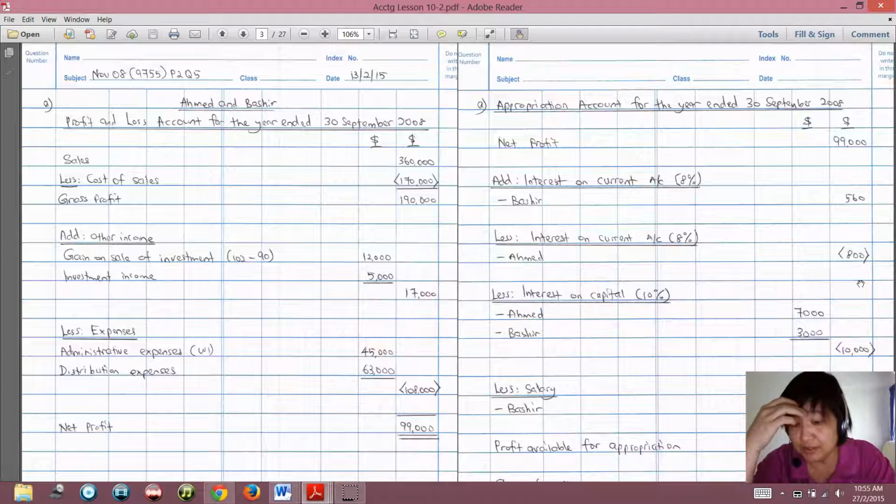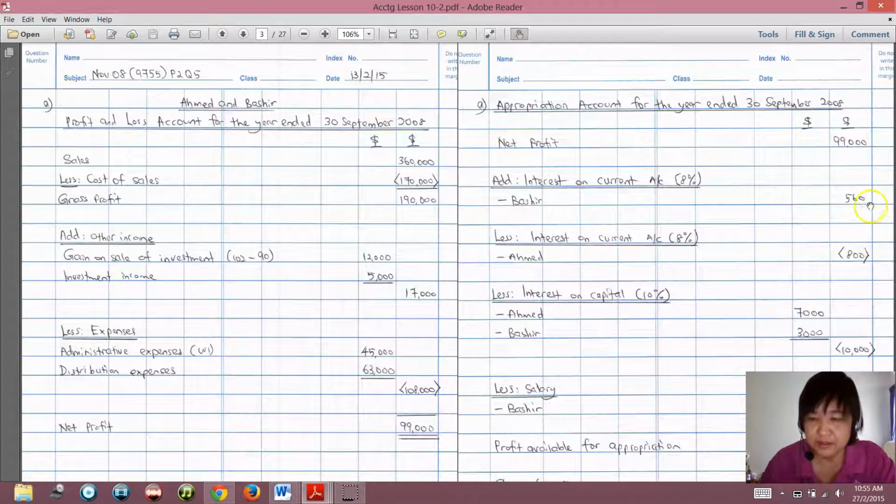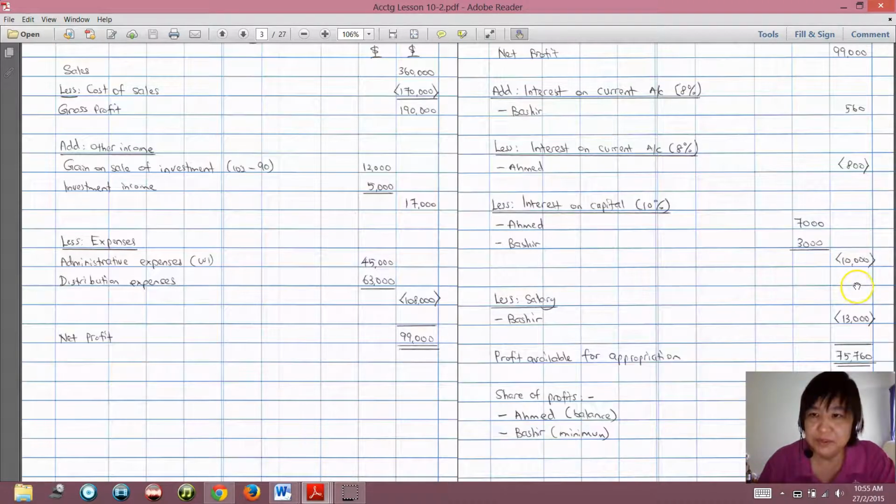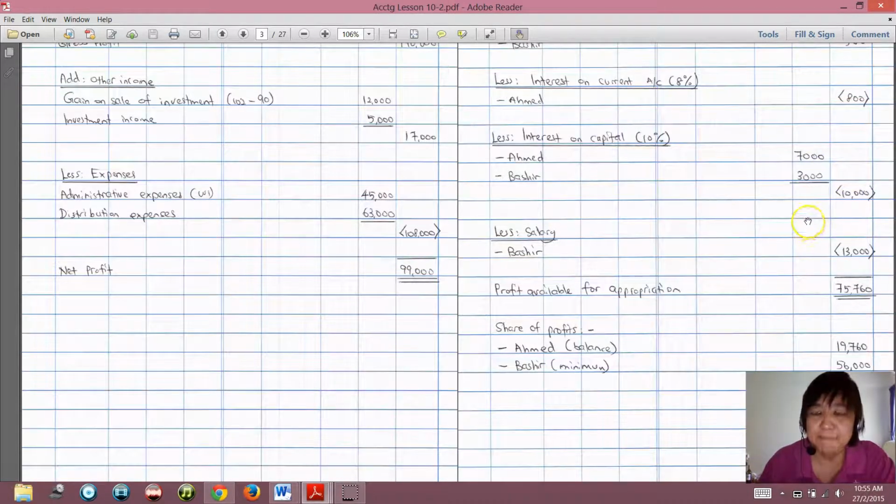The thing is stated on top of the question that all this is supposed to be allocated to the partner. So this one has not been paid in cash to the partner yet. All this is charged but not paid yet. So we will debit or credit this amount to the partner's current account.